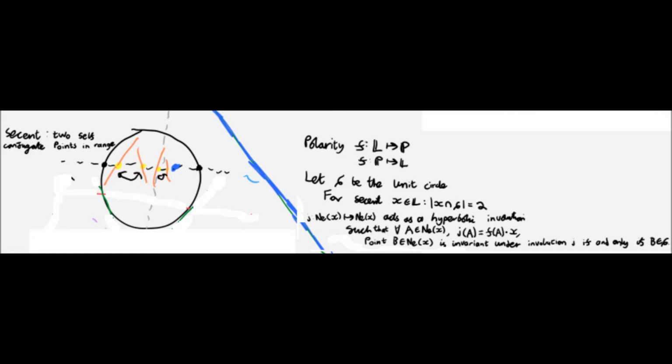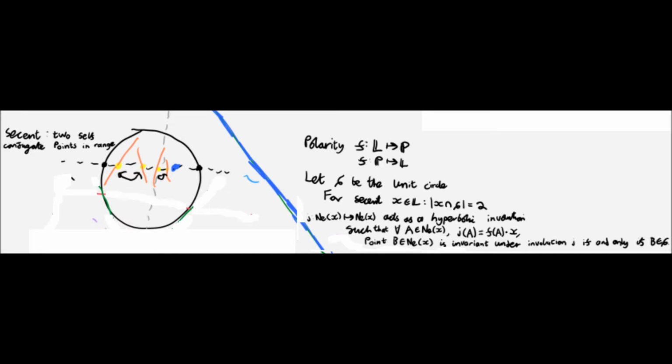So that's going to be an involution of the range of this secant line, as we discussed before, and note that it's going to actually be a hyperbolic involution. Why? Well, because it has two invariant points, the points where this secant line little x intersects with the actual conic. They're going to remain stationary under this transformation.